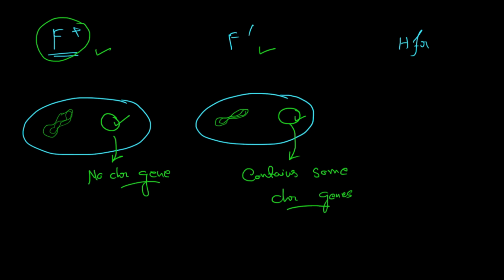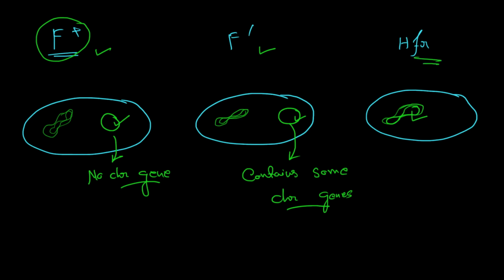In the third case, the bacteria contains both these origin of transfer site as well as transfer genes within the bacterial chromosome and not within some other plasmid. So in this case, the process of conjugation is regulated by elements within the bacterial chromosome.